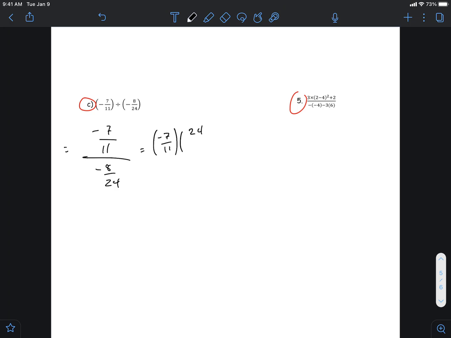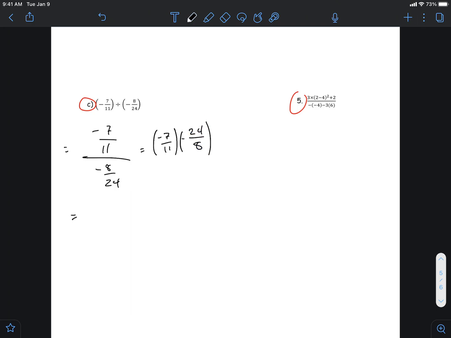Okay, so 24 by 8. Okay, negative. 24 divided by 8 is what? 3, right? So you could simplify this bracket right off the get-go.